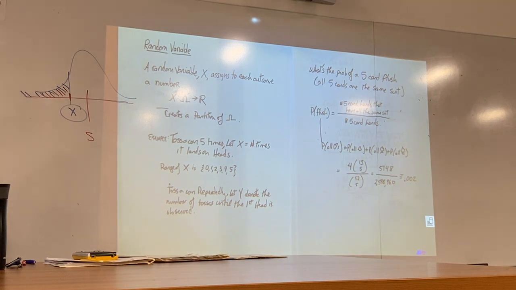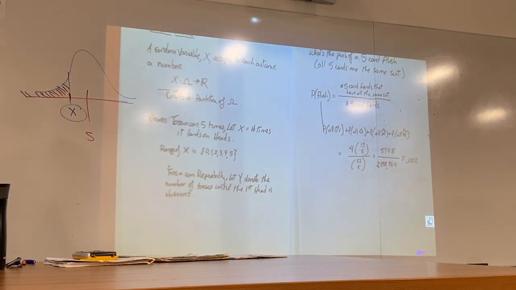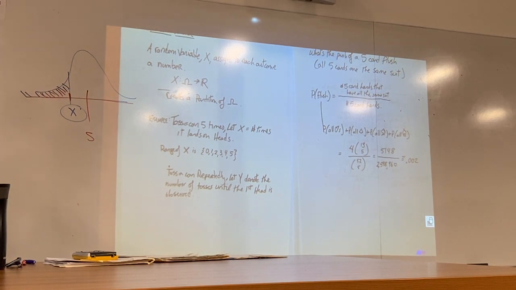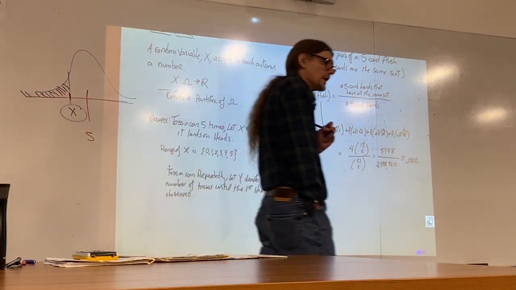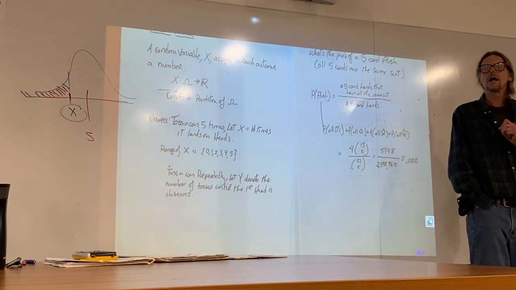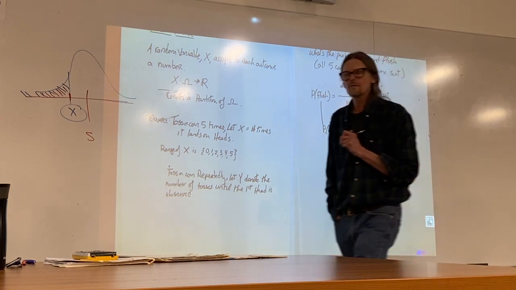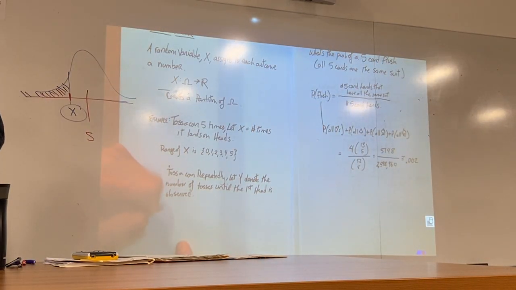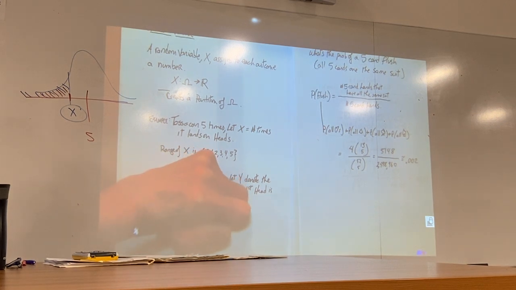Here we see the range. This is a different random variable. And we see here that the range of Y is 1, 2, 3, 4, and so on. Does that make sense?